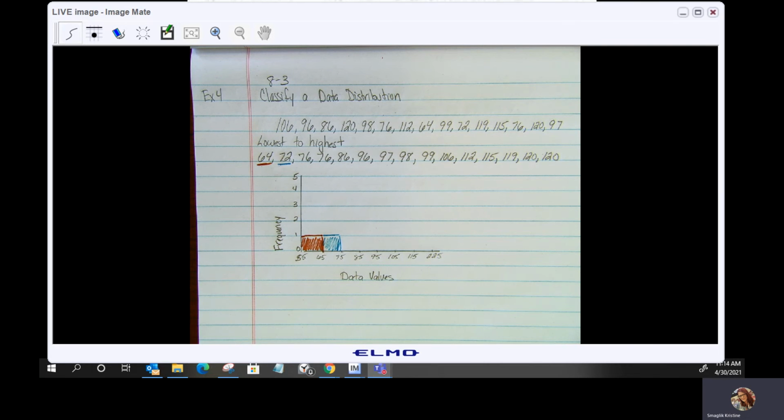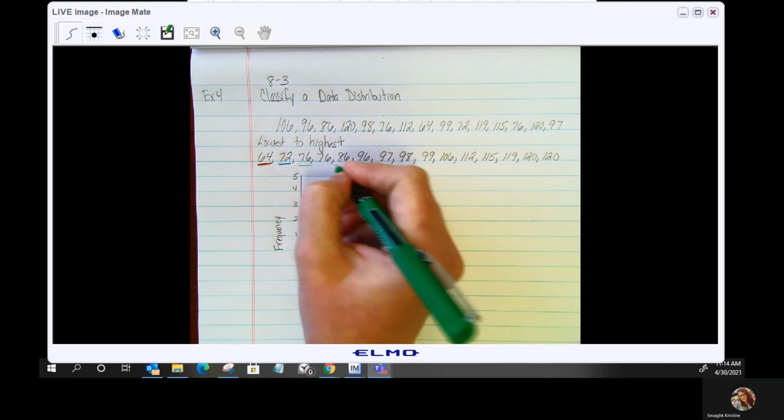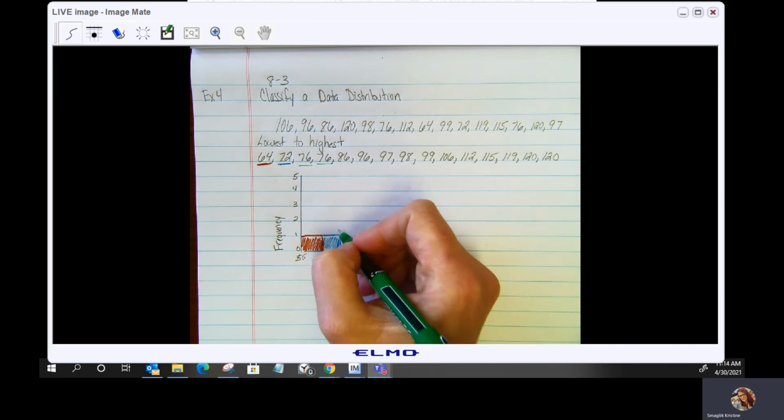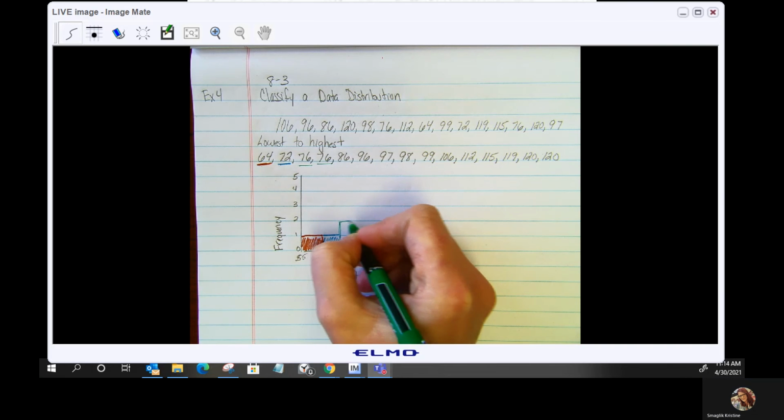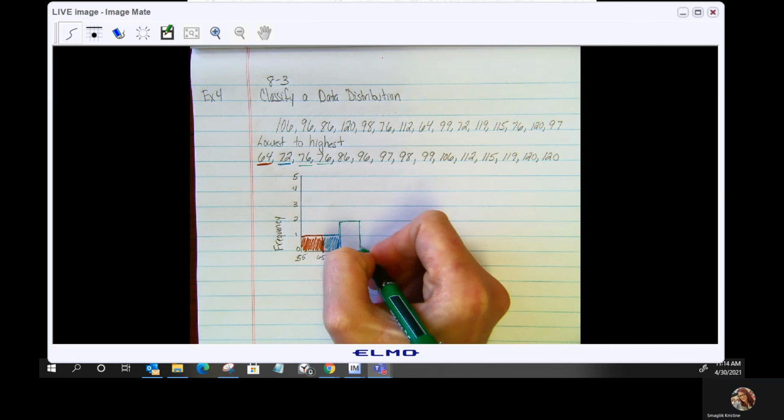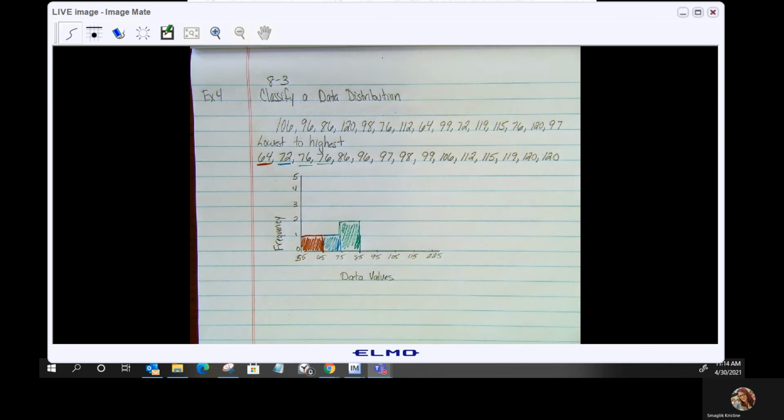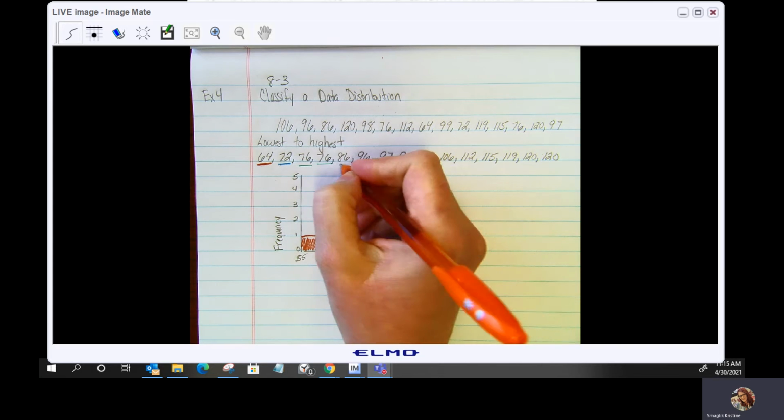From 76 to 85, I have two. From 86 to 95, I have one.